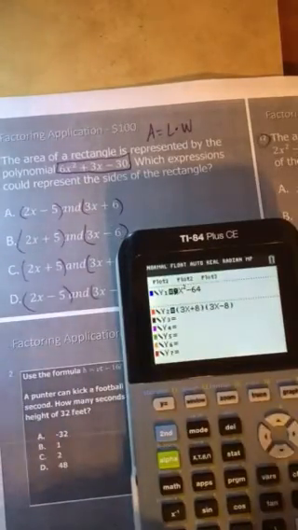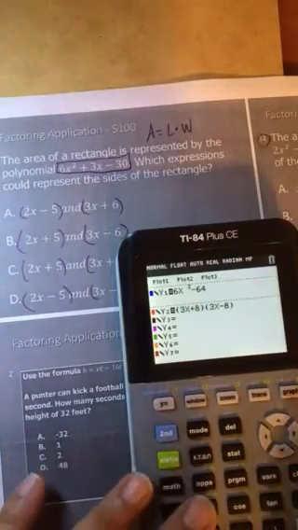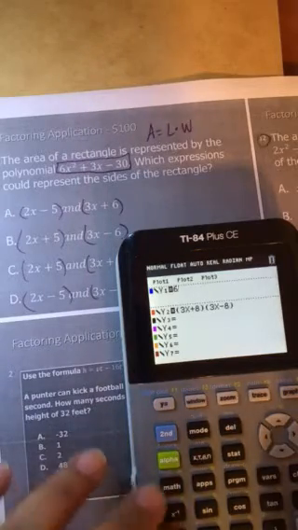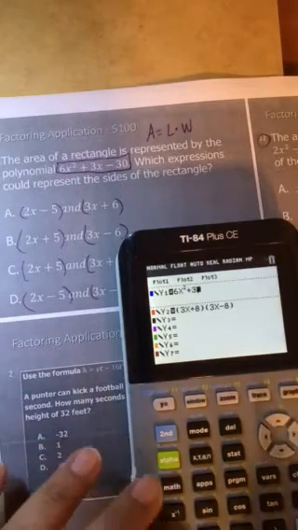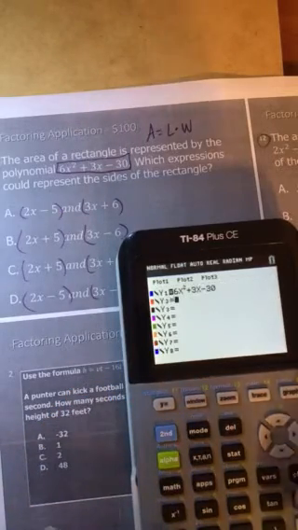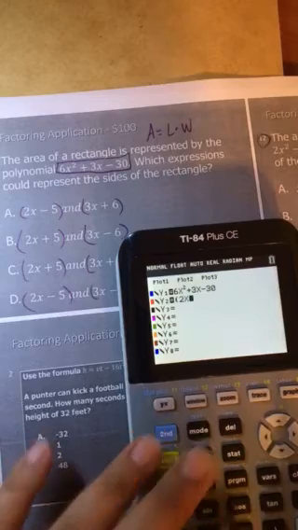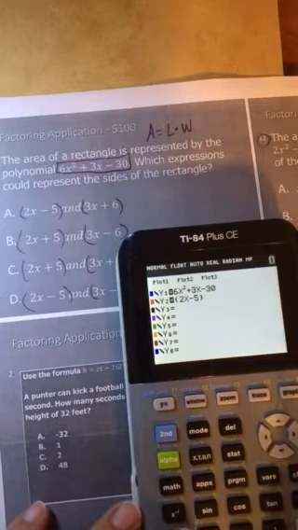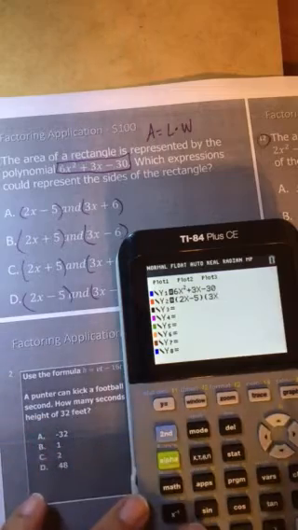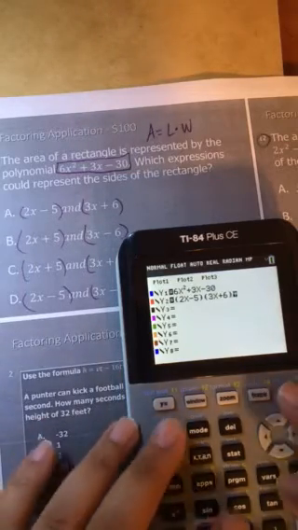So we're going to type in 6x squared plus 3x minus 30. And then we're going to type in 2x minus 5, 3x plus 6, second graph.